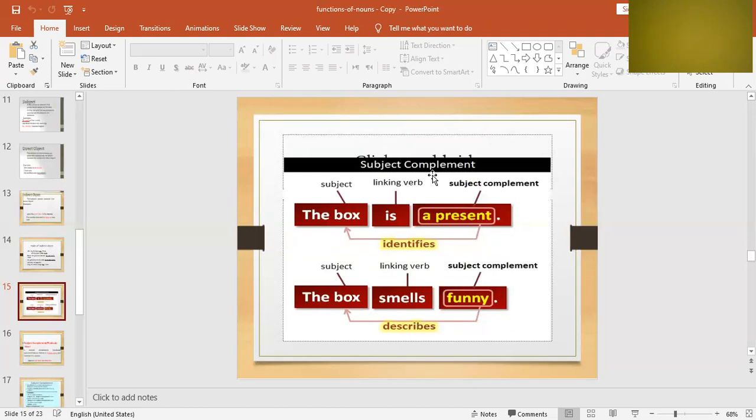The boy seems intelligent. The boy looks intelligent. Here, all of these are linking verbs. So the subject complement comes after a linking verb.